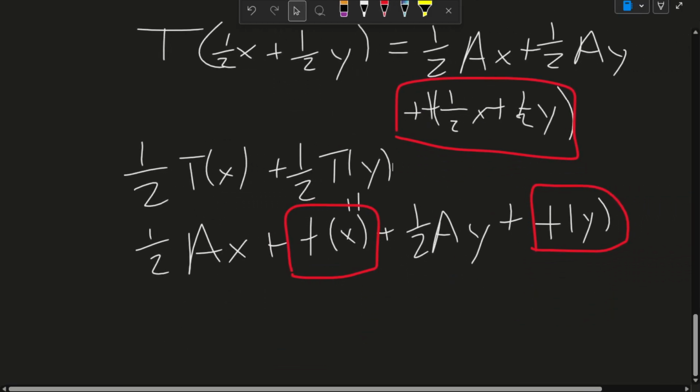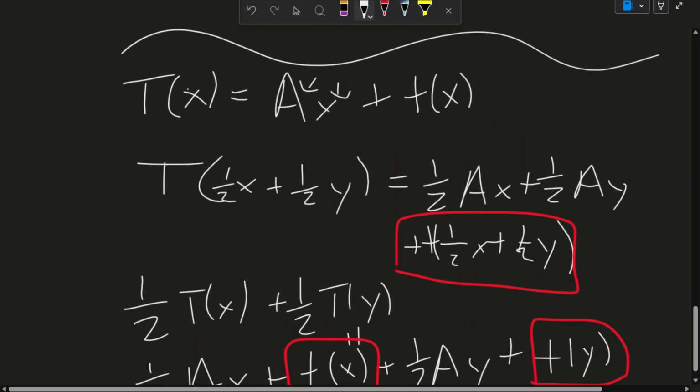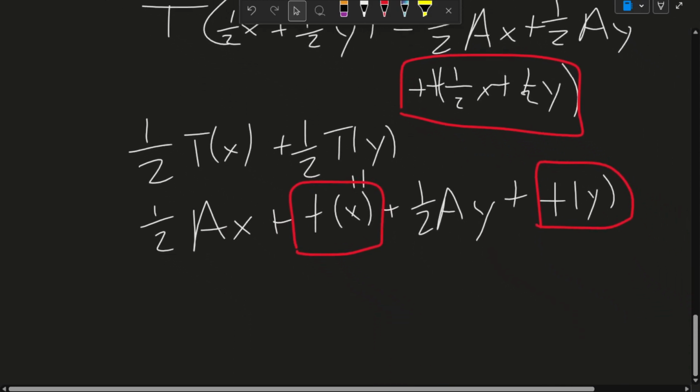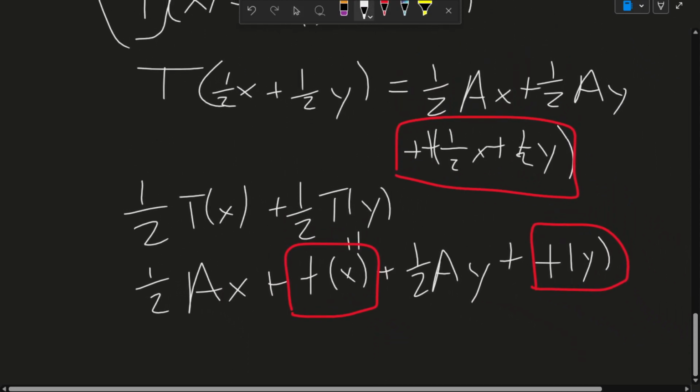So really what we're saying is, in order for this function t to be affine, we need this to be equal to this. That's the definition of being affine, at least in this case.